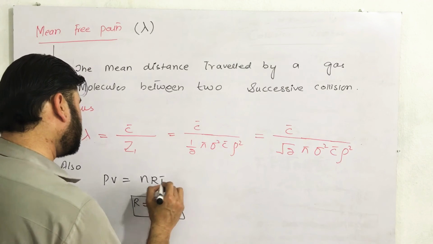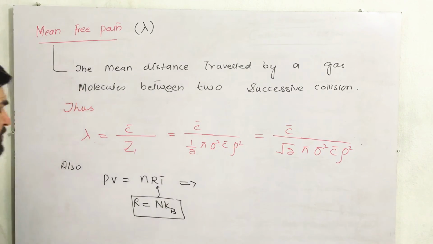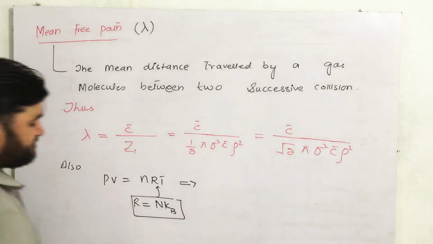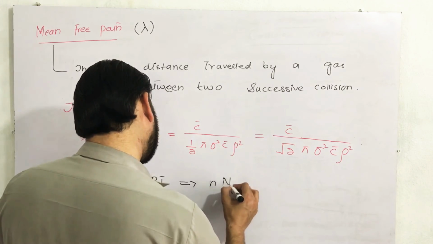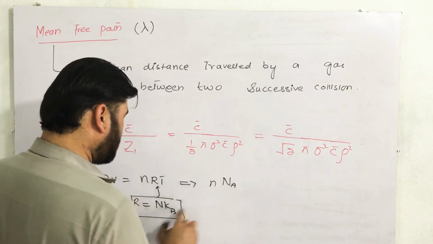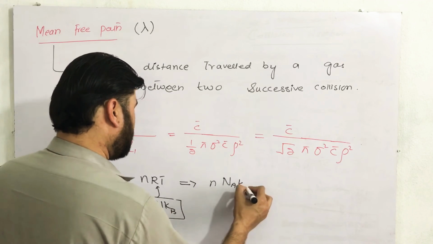So we put in the value of this. The value will be N A K B T, and this N A is also Avogadro number.